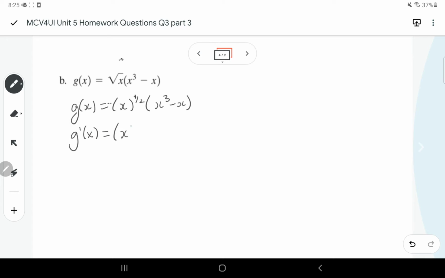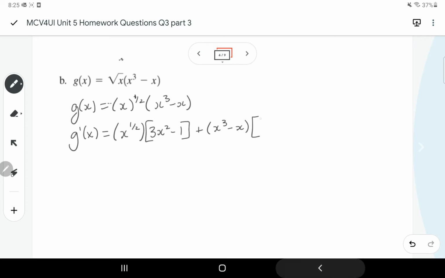Now we have the first factor, x to the 1/2, times the derivative of the second, which is 3x squared minus 1, plus the second, x cubed minus x, times the derivative of the first, which is 1/2 x to the negative 1/2.